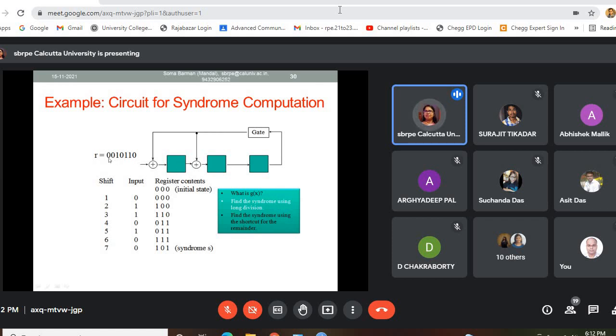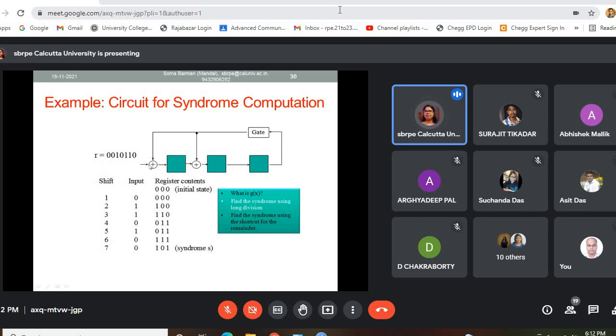So after the last bit 0, 1 2 3 4 5 6 7, see here 7 shifts, the last bit is 0. Previously it was 1 1 1.